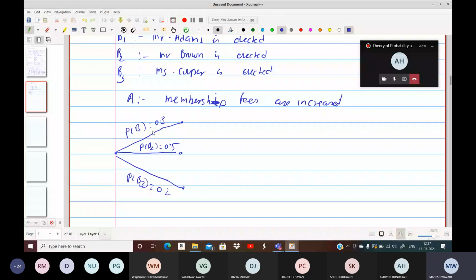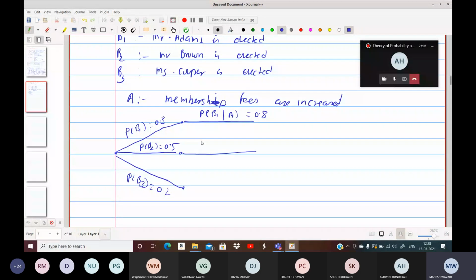Next I will read: should Mr. Adams be elected, the probability of an increase in fees is given. So the probability of A given B1, that is Mr. Adams is elected and membership fees increase, is 0.8.